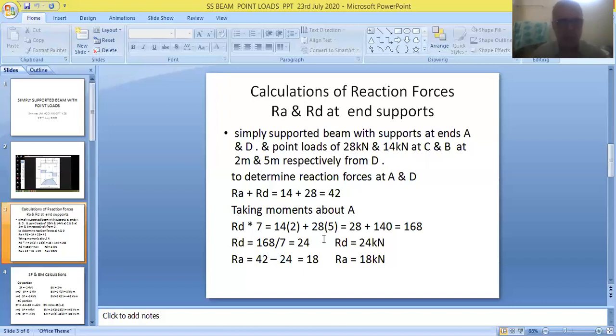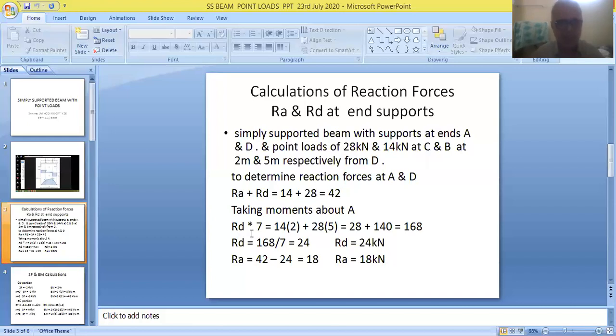So we have only one anti-clockwise moment on the left-hand side and two clockwise moments on the right-hand side. All the clockwise moments are written on one side and all the anti-clockwise moments on another side. So friends, this RD is acting at a distance of 7 meters from point A.